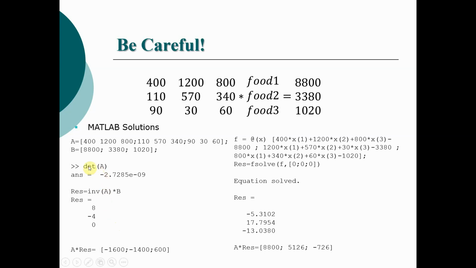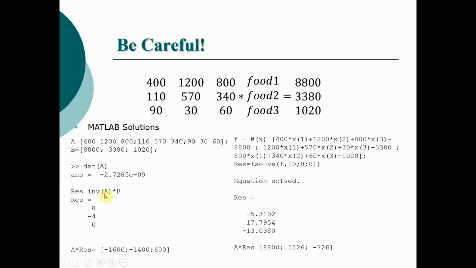Sometimes when the determinant is very close to 0, the inverse of A is going to be calculated wrongly using MATLAB. So for this matrix, if you find the rank of it, you might see that this is not a full rank matrix. So you have to be very careful when you use the methods that you have.